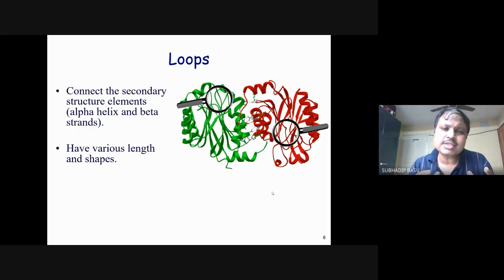In many cases they form the major part of the protein structure, and still they are often undefined in terms of their specific functionality. So when we do functional annotations, we mostly concentrate on the segments that have either helical or sheet-like structures.